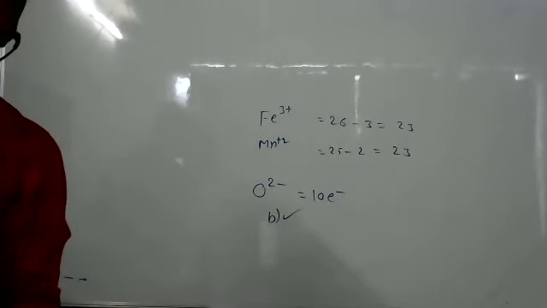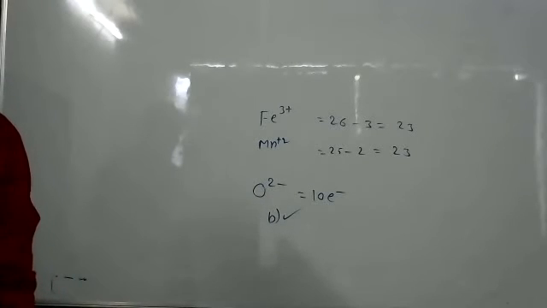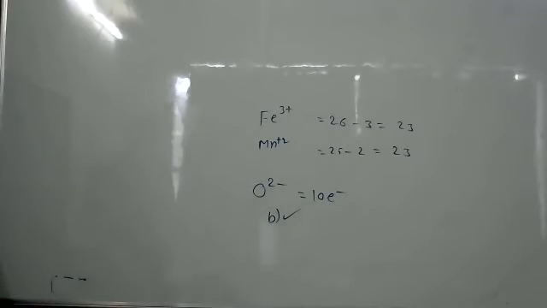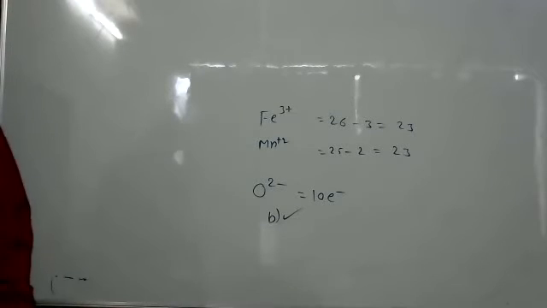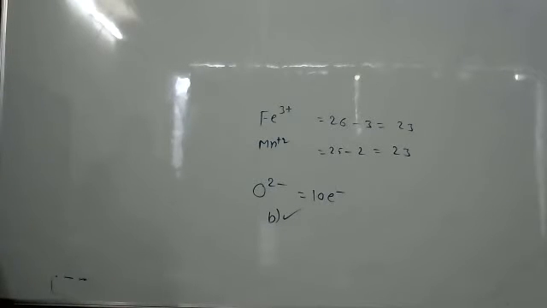Next question to Keshav. Yes, sir. 64. Which of the following will violate Aufbau's principle as well as Pauli's exclusion principle? Sir, option C. Option C, correct. Because it's not following the spin, it violated Pauli's exclusion principle.